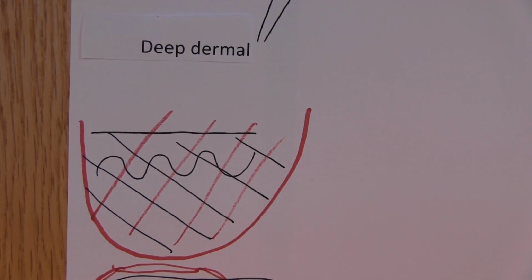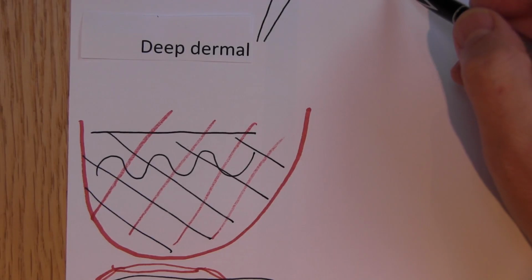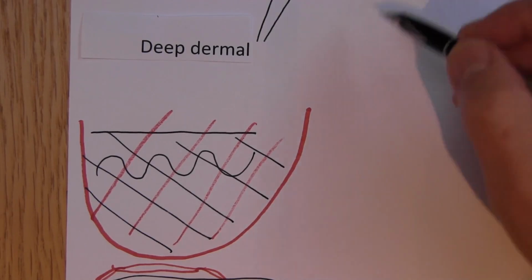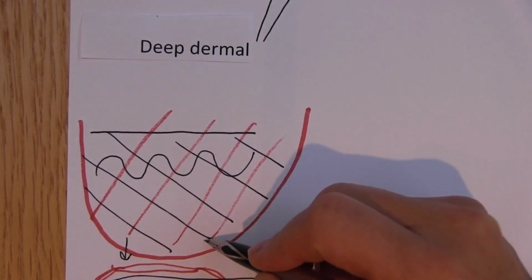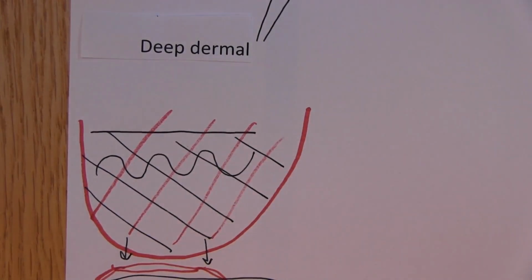Later on it can go black, it can necrose, but often in the early stages we see a whitish colour to the wound. Although it still can be red, because remember, there's still the opportunity for some inflammatory reaction from vasculature deeper down in the dermis.